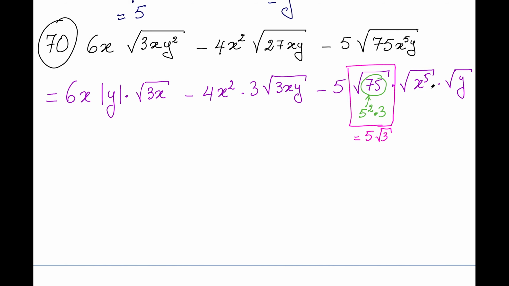Square root of x to the 5. So this block here, the brown one, let's say, well, this is the square root of x to the power 4 times x, and this is the square root of x to the power 4 times the square root of x, and square root of x to the power 4 is absolute value of x squared, right?